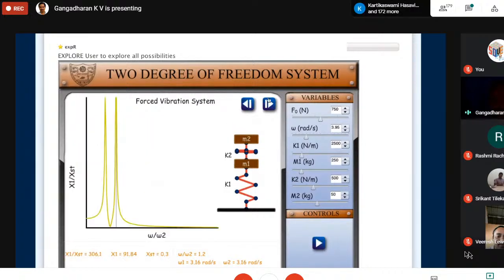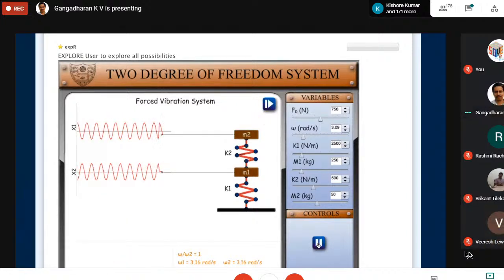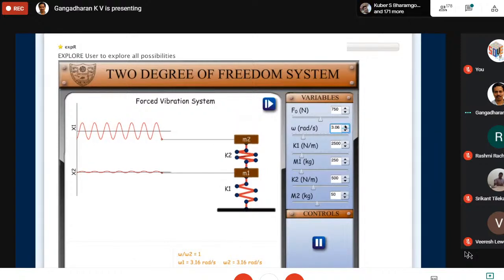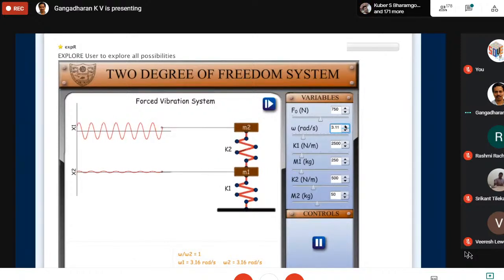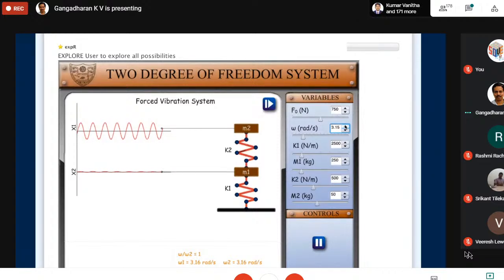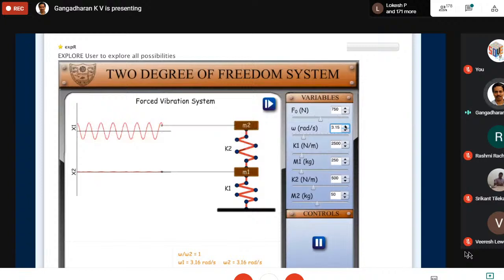Now, if that is a point where I'm able to make sure that, so I should be able to get it in such a way that, look at this now. Whatever happens to the tire movement, M2 and K2, my M1 is stationary, and this is what we require really.